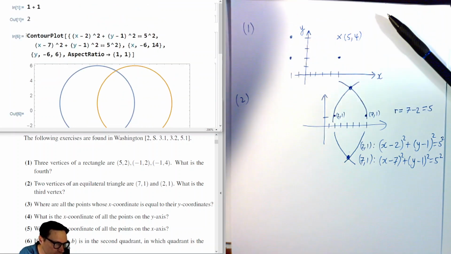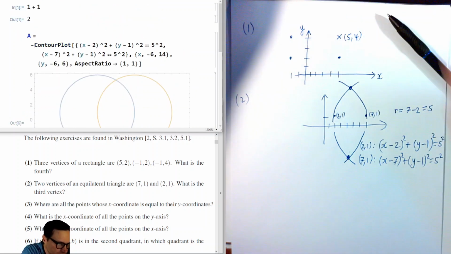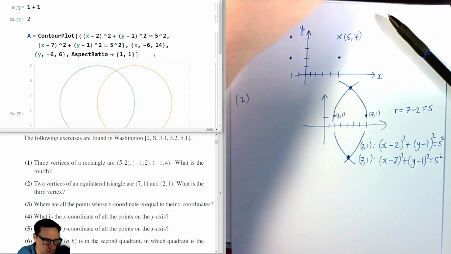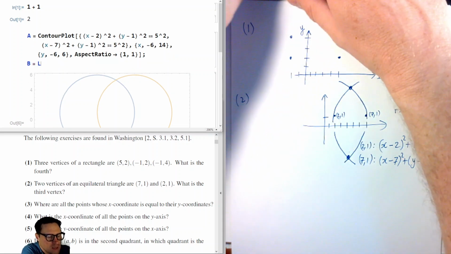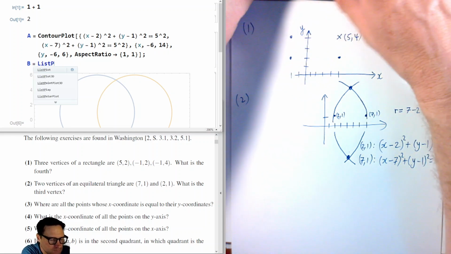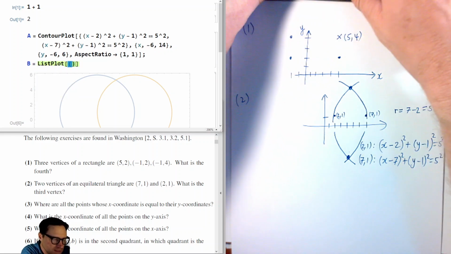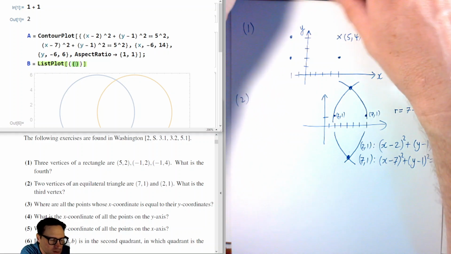Let's include also the centers of those. So I'll put this into memory as A, and then I'll put into memory a ListPlot with the list of the 2 points.